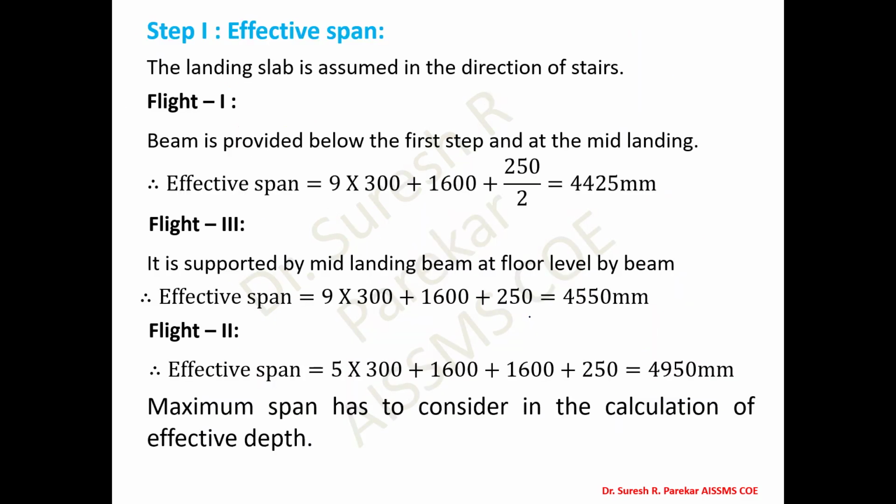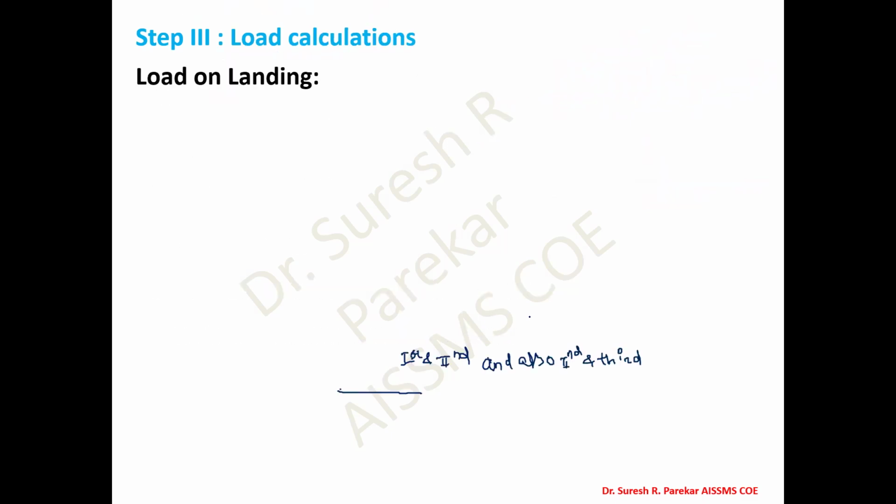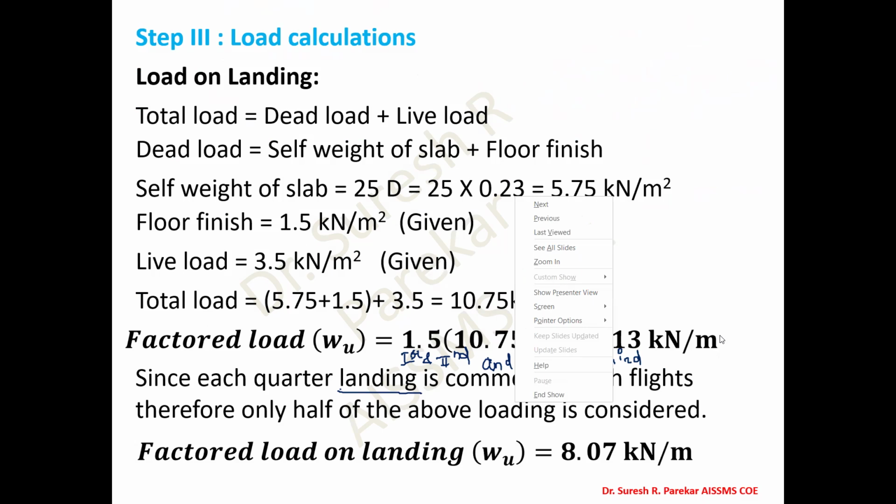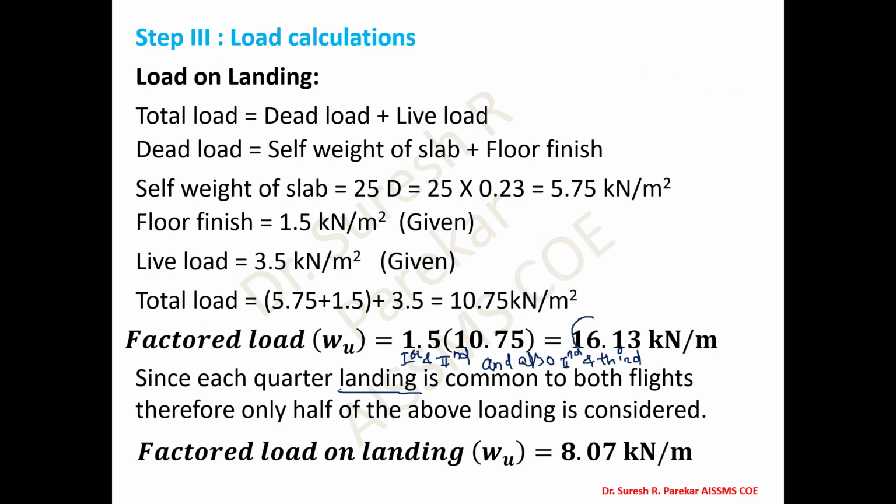So likewise, you have to make half this landing, not in case of dogleg. In dogleg, we have to take this value as it is. This will be as it is, 16.13 if we talk about dogleg.